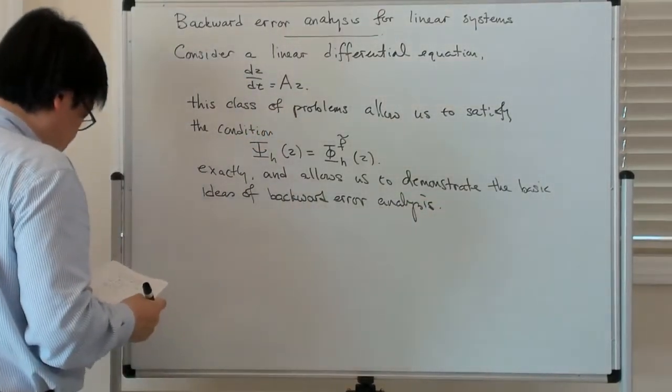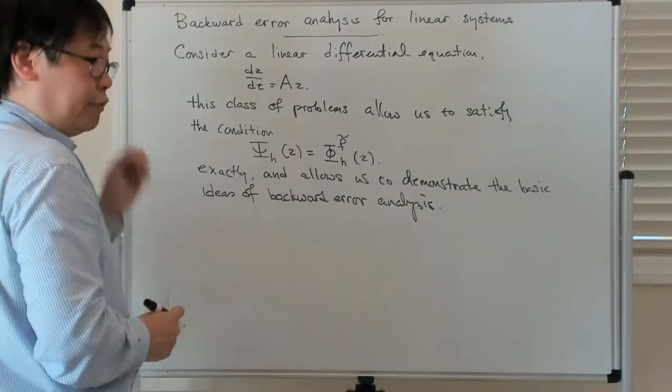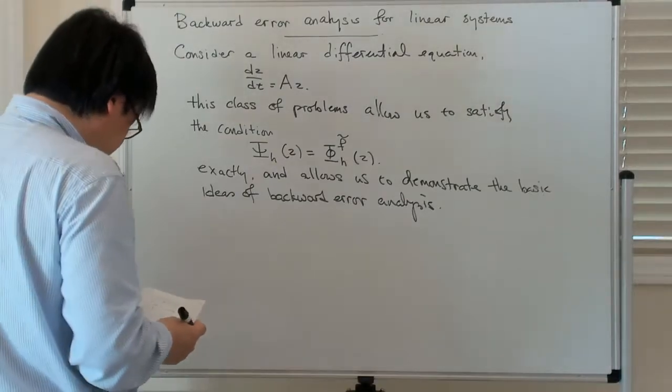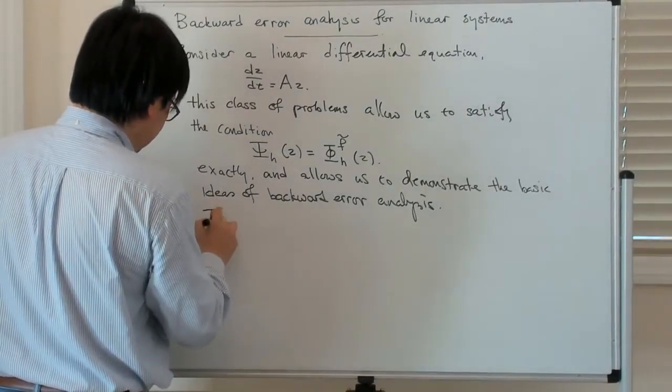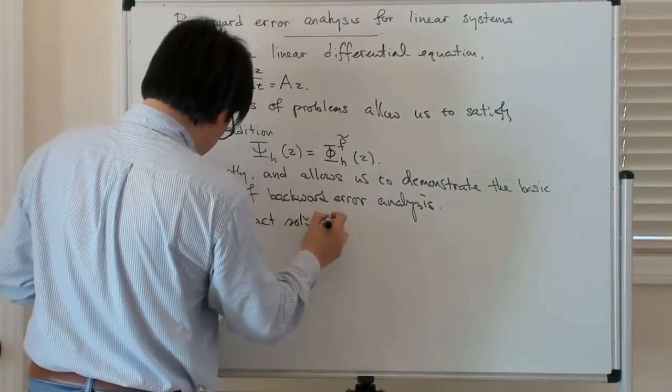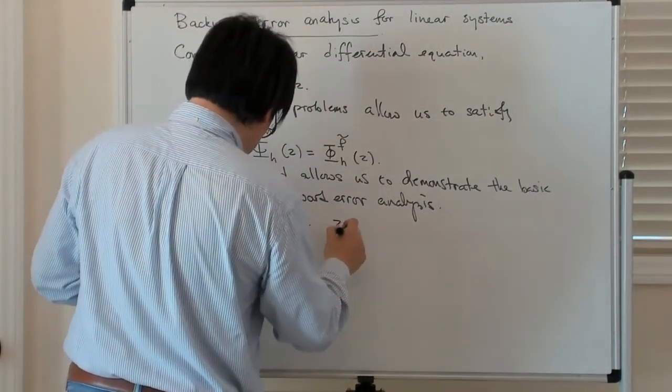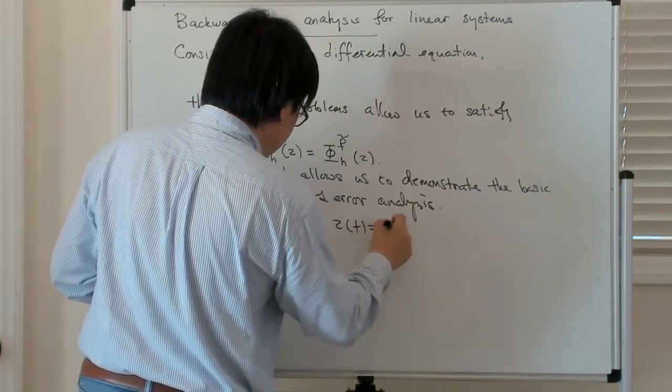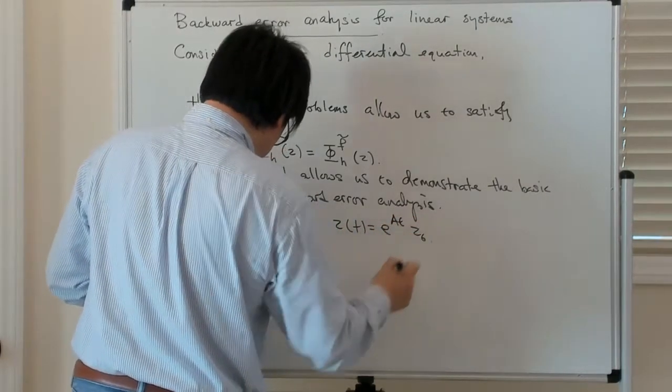All right. So of course you know that if you have a linear differential equation, you know what the exact answer is. The exact solution is z(t) = e^(At) z0.